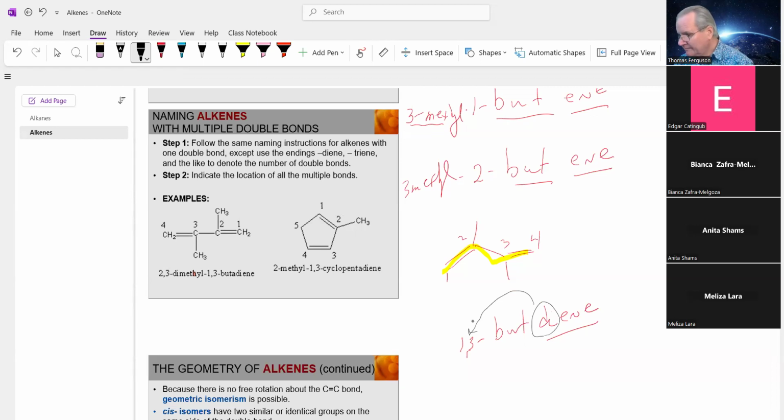It could be a 1, 1, not with a double bond, but as long as the di and the number over here correspond, you're okay. But if you say try here, you're going to have 3 numbers on the front over here. Okay, and then we have a couple of branches. We have a couple of dimethyls at positions 2 and 3. So it's 2,3-dimethyl-1,3-butadiene.